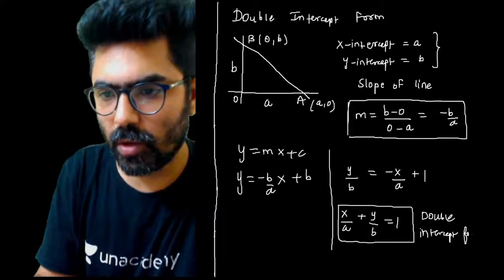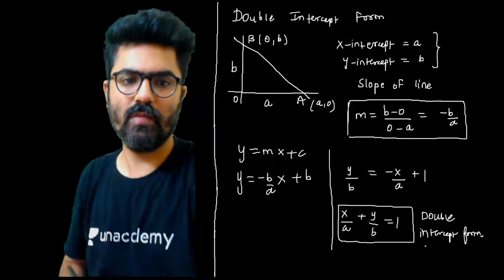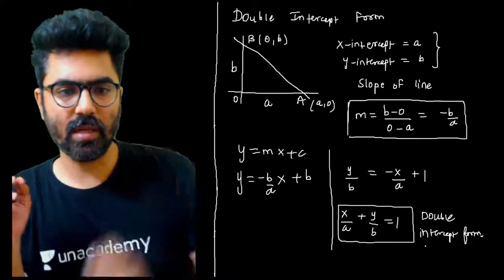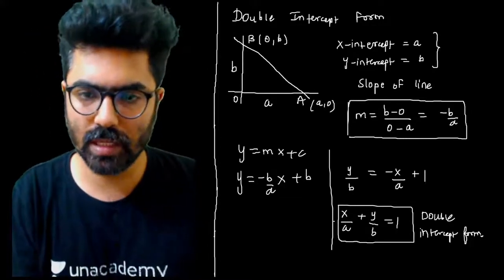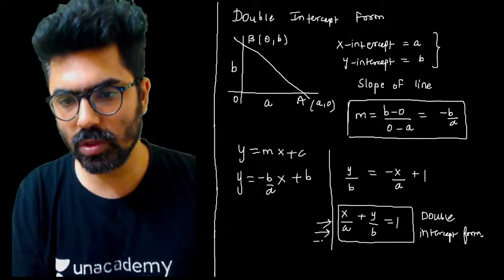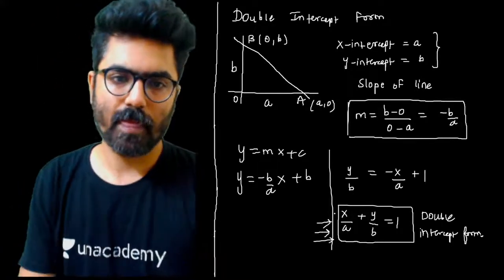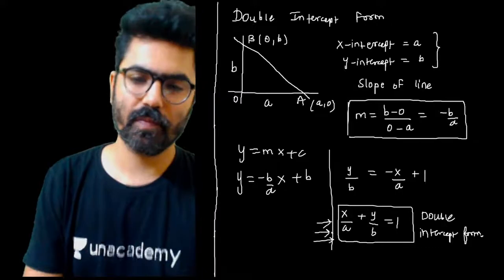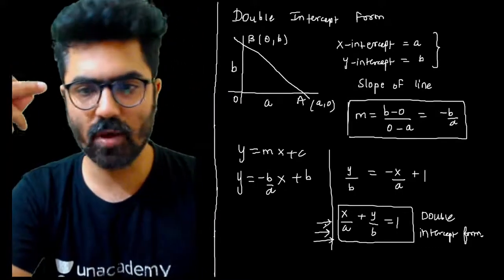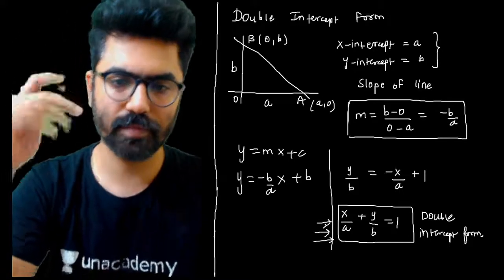This is one of the important forms in which x intercept is given and y intercept is given. You can directly write x by a plus y by b equals 1 as the equation. It is mostly used in straight lines and many questions are based on it. So just try to understand: x upon x intercept plus y upon y intercept is equal to 1.